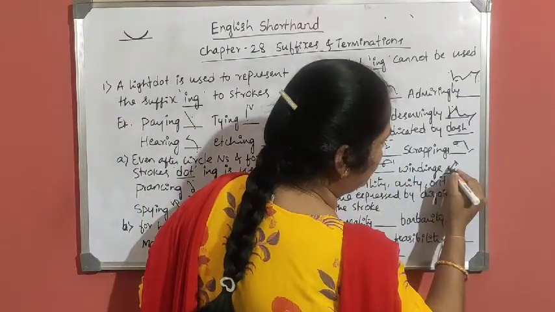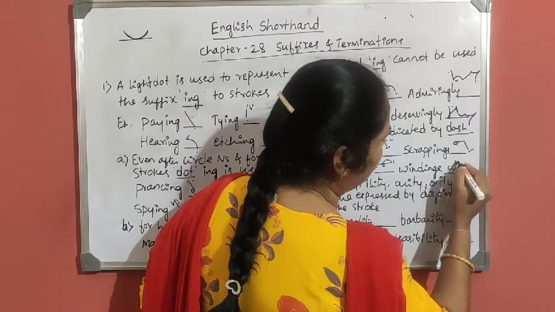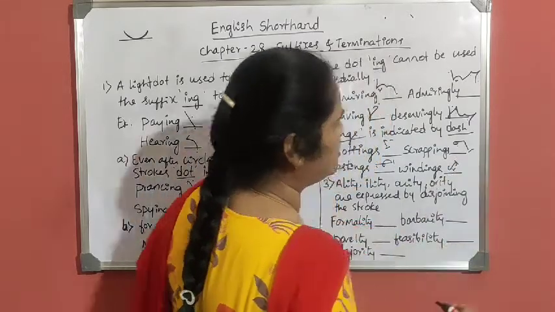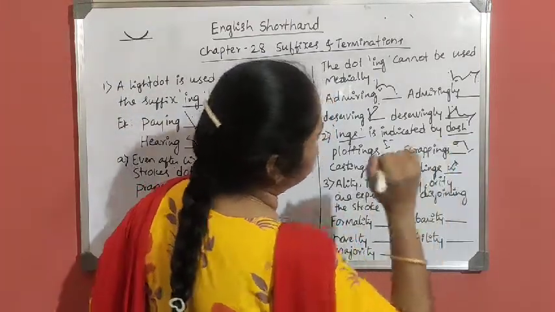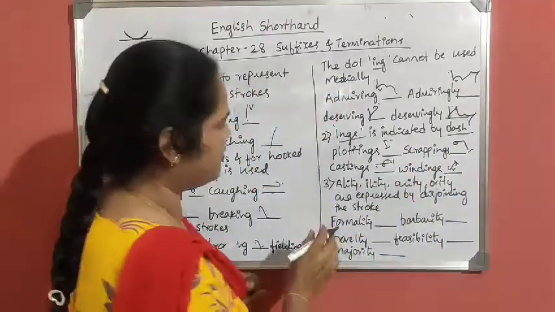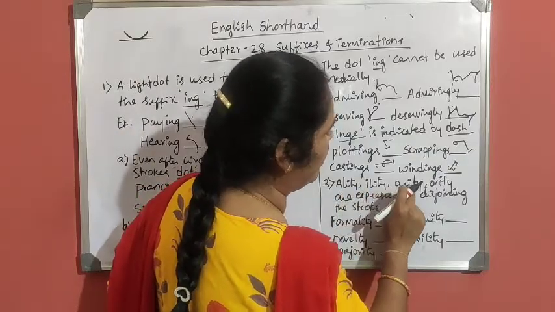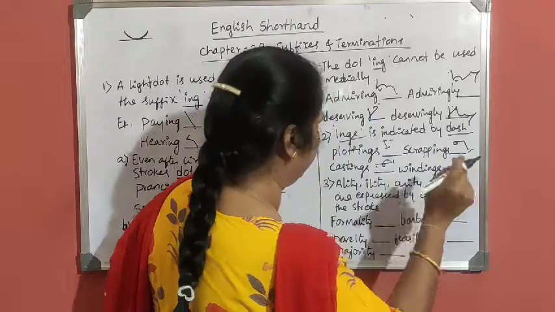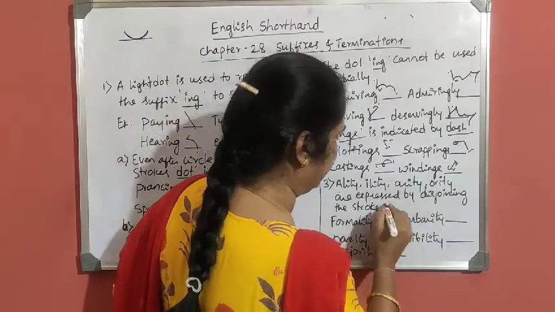Windings, W is hard for N sound, I diphthong, this dash indicates windings, indicates ings.